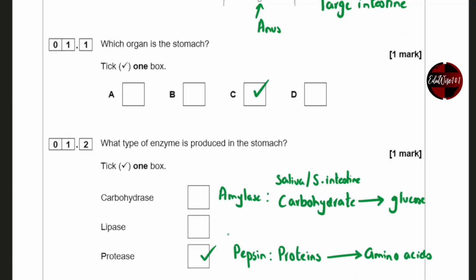And lipase, again, can be found in the small intestine and usually breaks fats into fatty acids and glycerol.